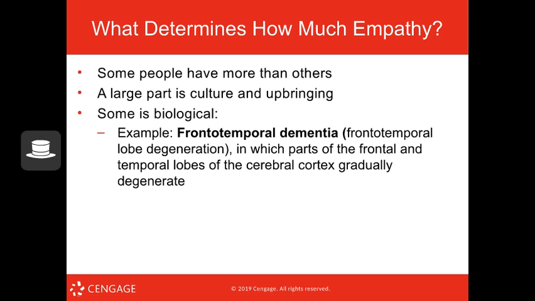So some of it is biological. In frontotemporal dementia, where you're seeing degeneration in the frontotemporal lobe, you're going to see less empathy, a lower ability to care about the feelings and needs of others.